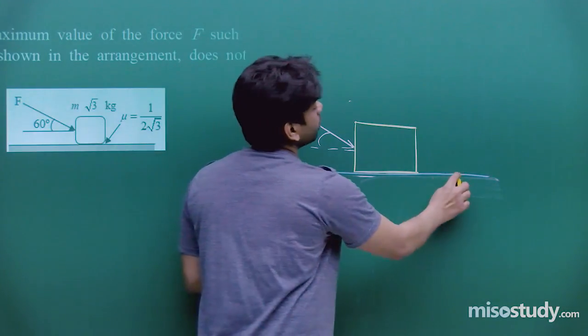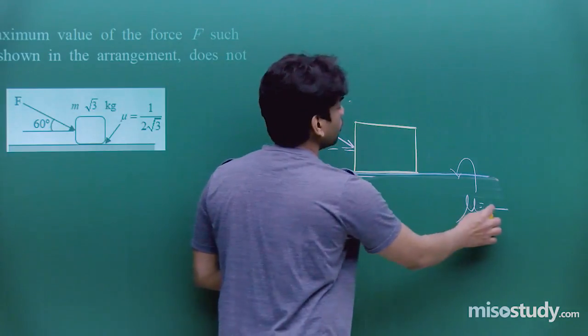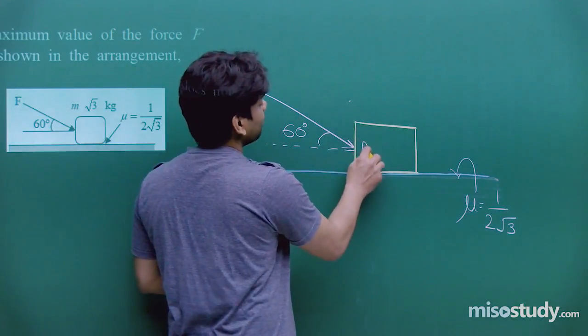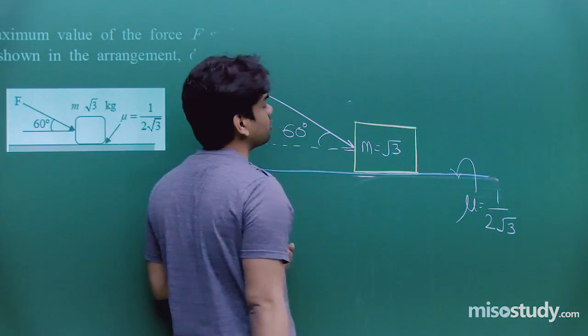The coefficient of friction between the block and the ground is given as mu equals 1 upon 2 root 3. The mass of the block is given as root 3 kg. All this information has been provided to us.